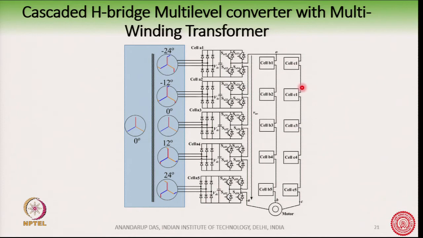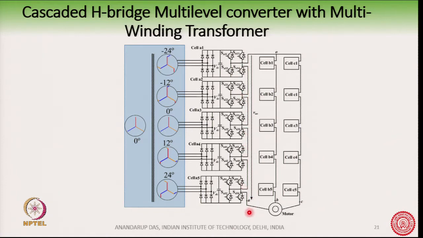Suppose we are showing here the 5 cell version of the cascaded H bridge. All these 5 cells have an input rectifier, a DC bus, and then H bridges, and they are connected on the AC side here.